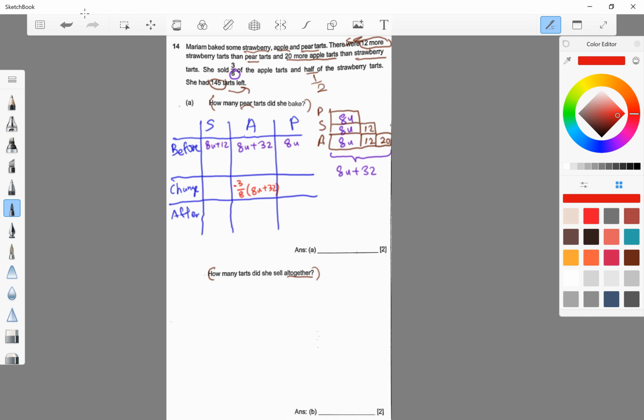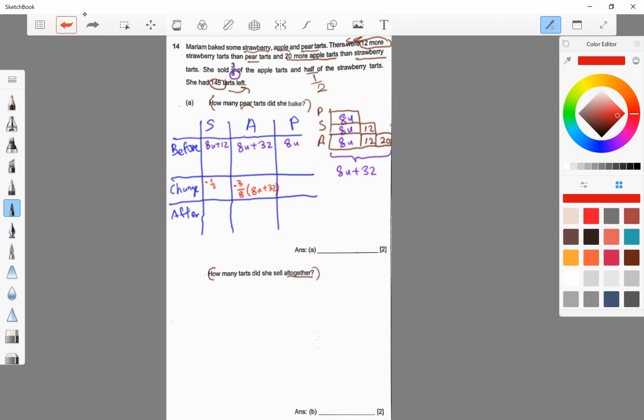And half of the strawberry tarts. So minus half of 8 units plus 12. So minus half, (8 units plus 12).